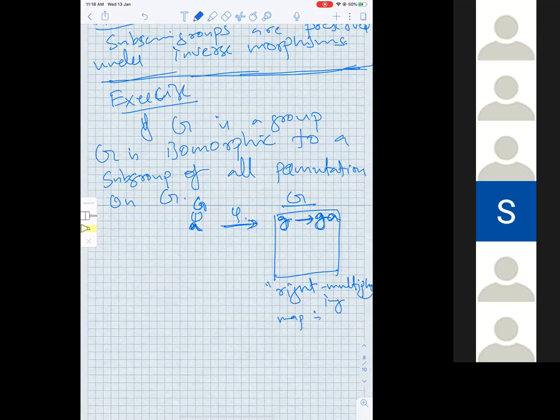Permutation means it's a bijection. It maps every element to a different element. Okay. So this is called Cayley's theorem in the case of groups. Now, they have multiple names.